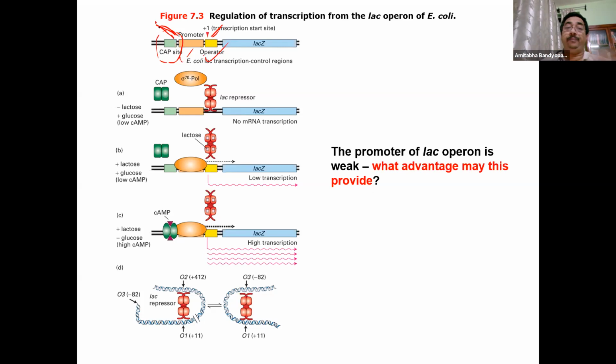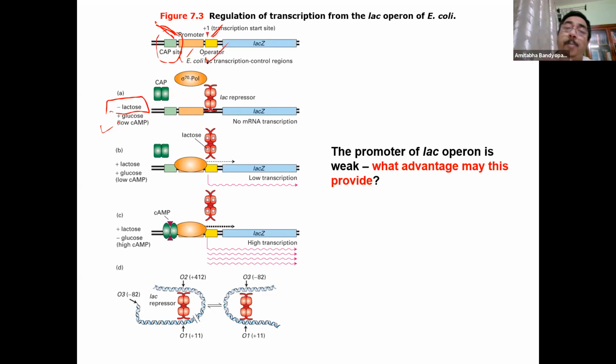Now, if there is no lactose and the cyclic AMP level is low, because there is some glucose in the system, then this CAP cannot bind to the CAP site and the lac repressor is bound to the operator.